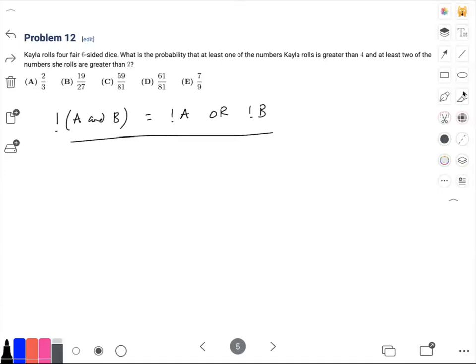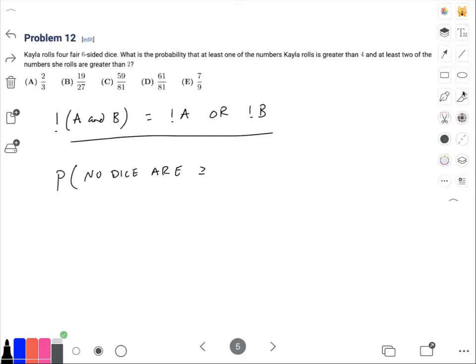Namely, the complement is the probability that at least one of the numbers Kayla rolls is greater than 4. The not of that event would be no dice are greater than 4.